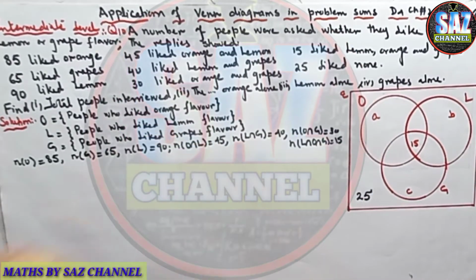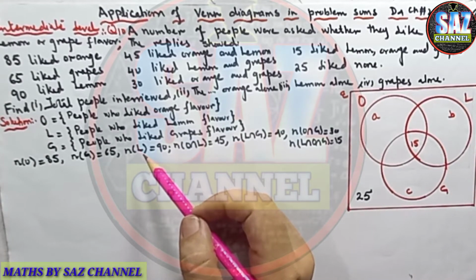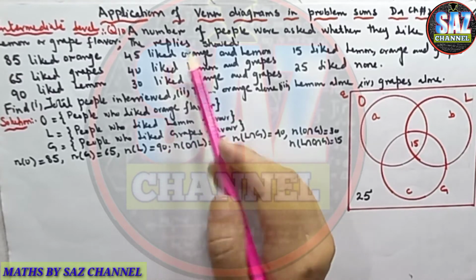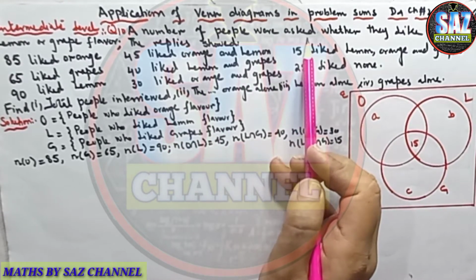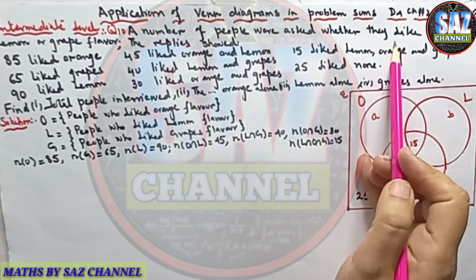As the questions are long, I've written the question in short form. The question says, a number of people were asked whether they like the drinks of orange, lemon, or grapes flavor.